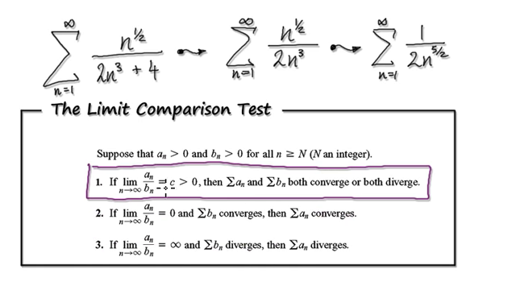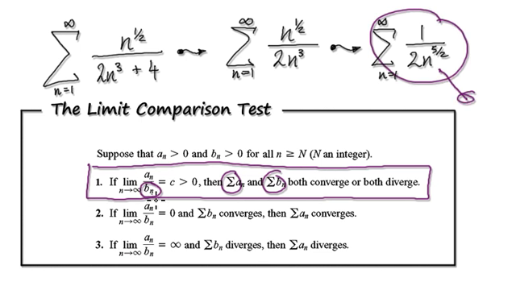So looking at this, because this is our scenario, it's saying that this thing and this thing, they both converge or they both diverge. Well, our bn here, we know is going to converge. Therefore, the thing that we're trying to investigate will also converge.